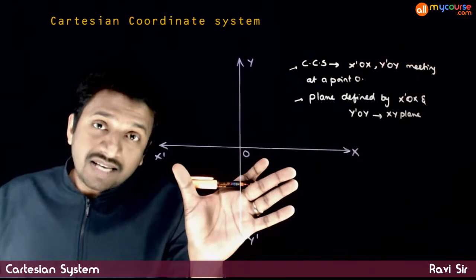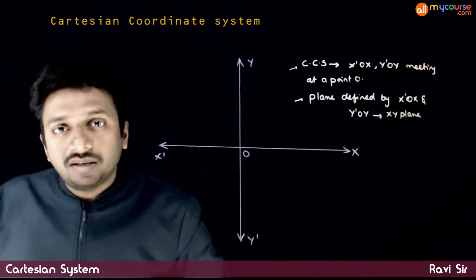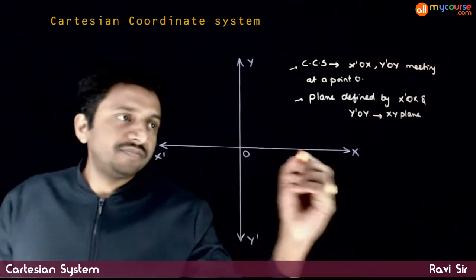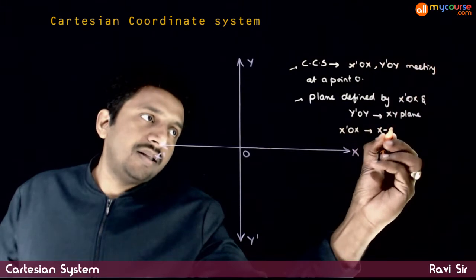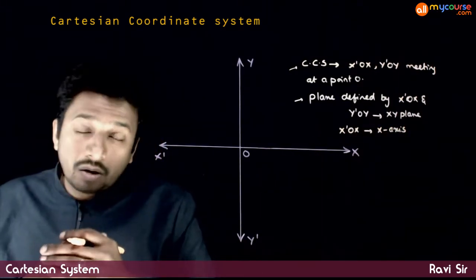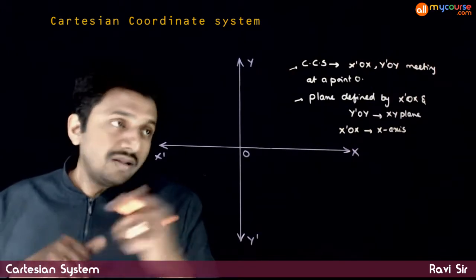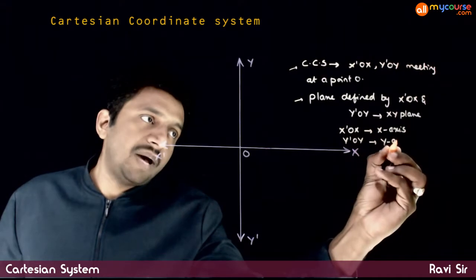And X'OX is called the x-axis, which is usually horizontal, not always, and Y'OY is called the y-axis.